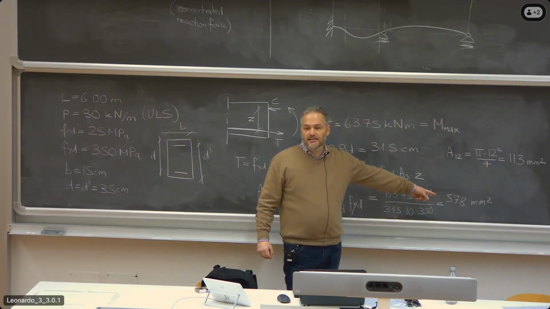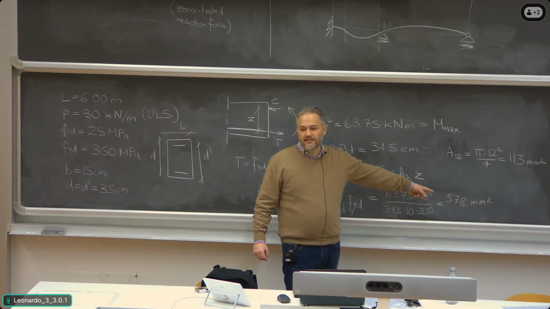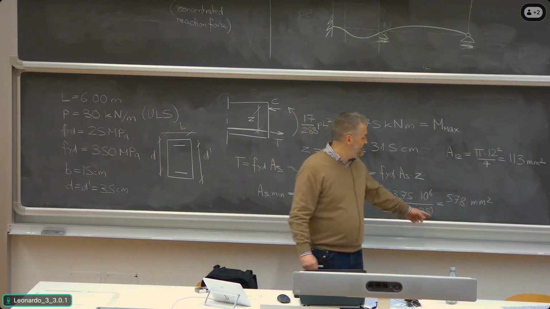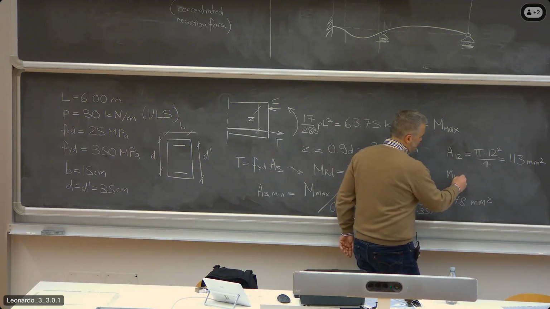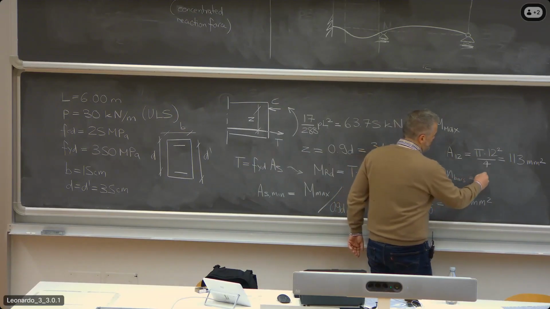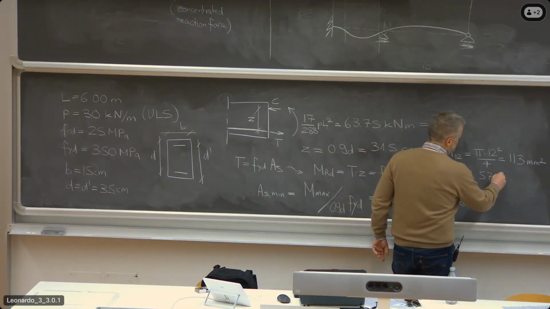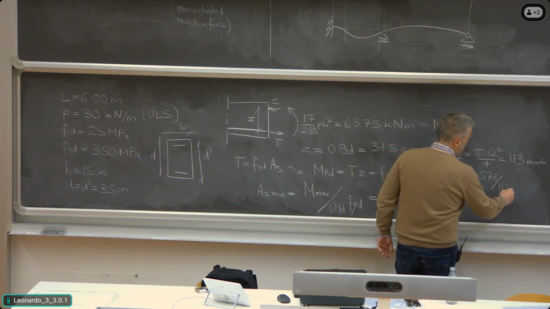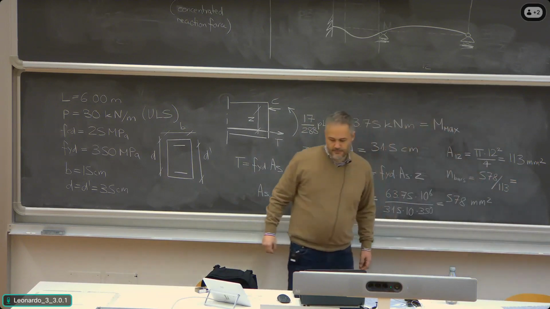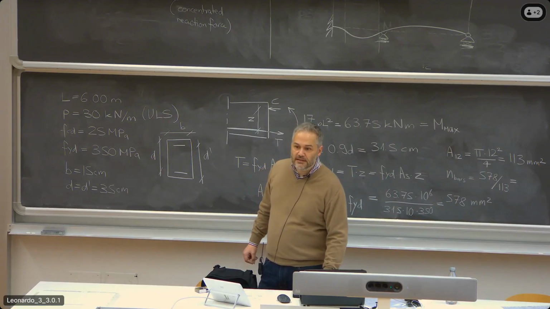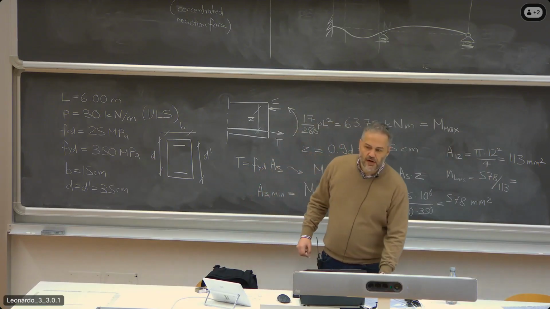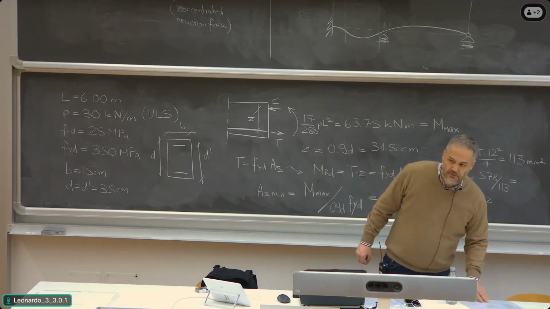How many rebars are 578 square millimeters? You divide this by this. So number of bars is equal to 578 divided by 113, equal to, the result is 5.11. Do you round it up or do you round it down?